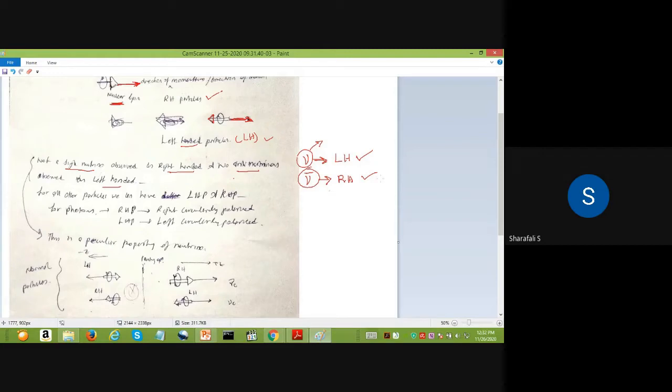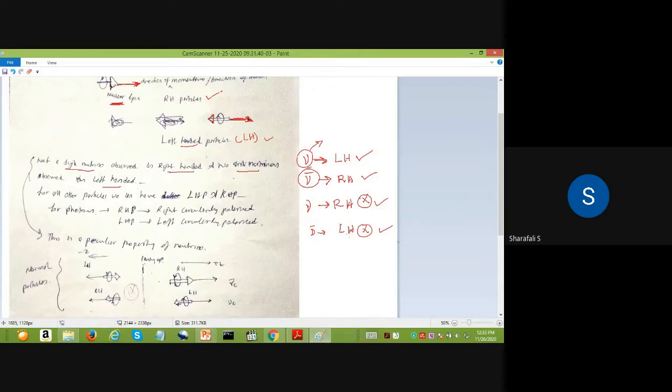So a right-handed neutrino is never observed, and similarly a left-handed antineutrino is never observed in nature. This is a peculiar nature of neutrinos and antineutrinos. If they are moving, for example a neutrino, they move in such a way that their spin is opposite to their momentum direction.